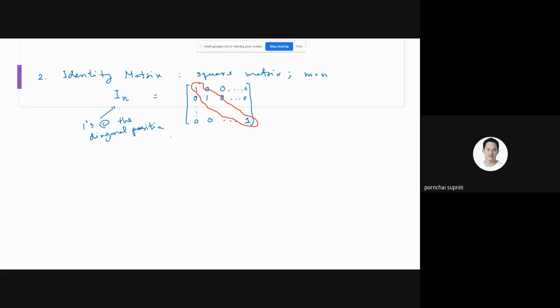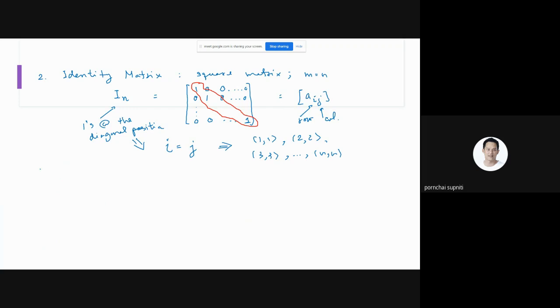If this is a_ij, at the i-th row and the j-th column, the diagonal position means the position where i equals j, which is 1,1, 2,2, 3,3, and all the way to n,n.